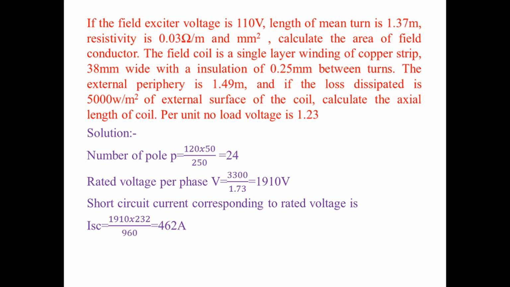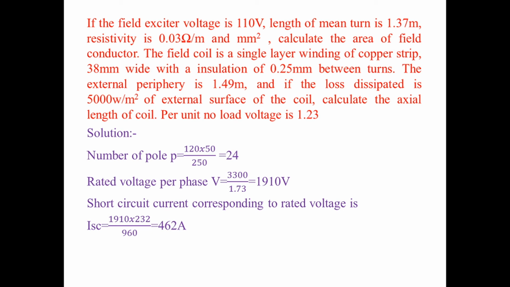Short circuit current corresponding to the rated voltage is 1910 into 232 divided by 960. So open circuit voltage which is nearer to the 1910 is 960 from the table. So in the table it is given that open circuit phase voltage is 960, and short circuit current is 232. Correct.